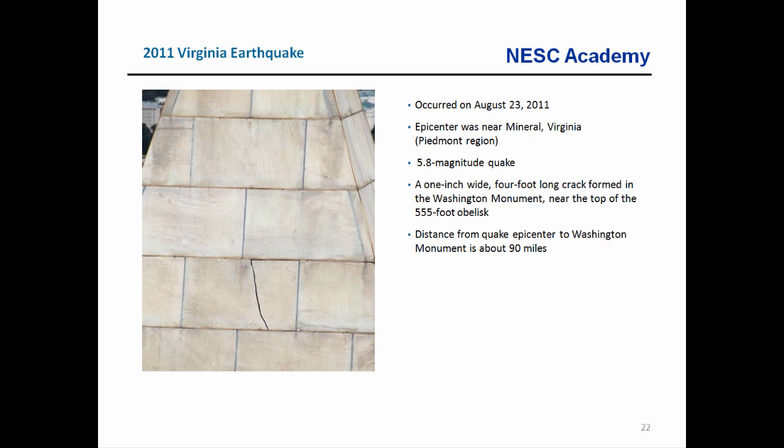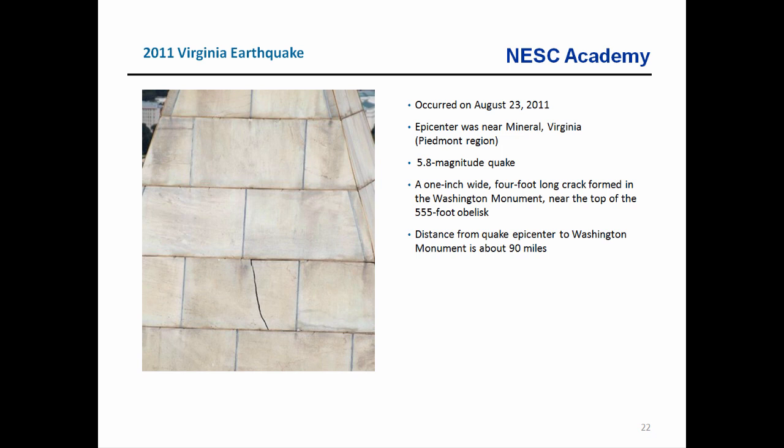And that magnitude was not nearly as severe as the previous earthquakes we looked at, but this earthquake is notable because it caused a 1-inch wide, 4-foot long crack to form at or near the tip of the Washington Monument. And the Washington Monument is a 555-foot high obelisk. And this monument is, roughly speaking, 90 miles away from the epicenter, which was near Monroe, Virginia.